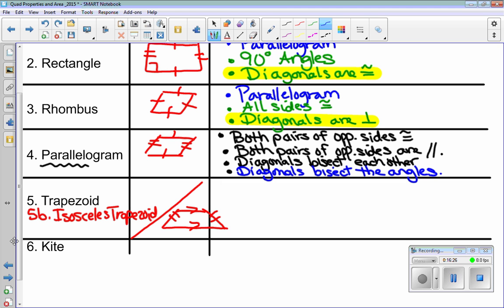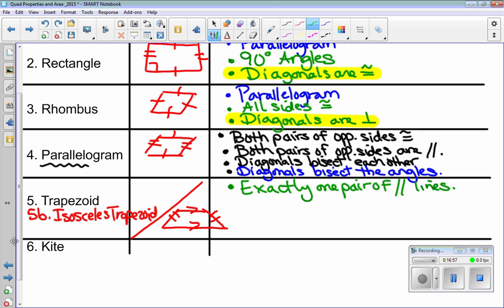Okay, that looks good. All right, so we have a picture of the isosceles trapezoid, and I love that the isosceles trapezoid has one pair of parallel lines, so that's going to be one of the properties. Exactly one pair of parallel lines. And that's really the definition of a trapezoid, okay?